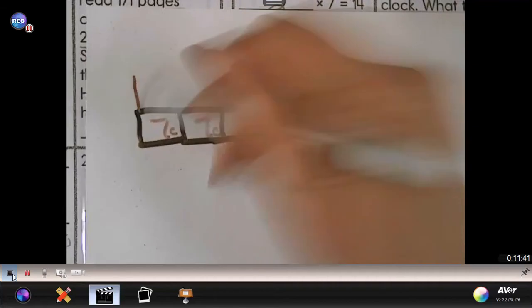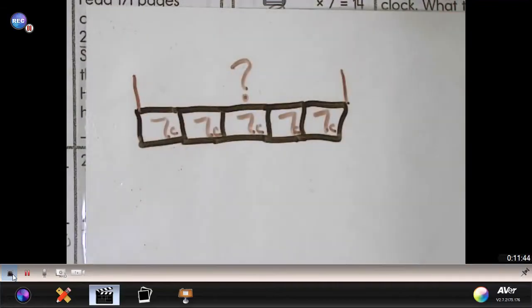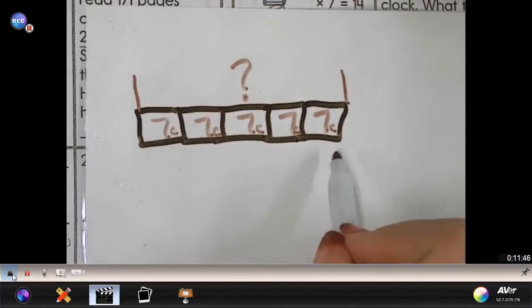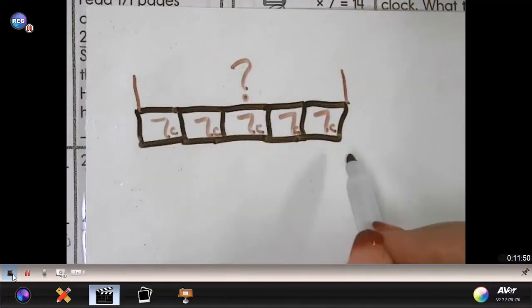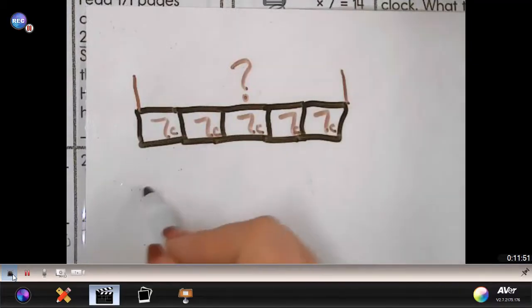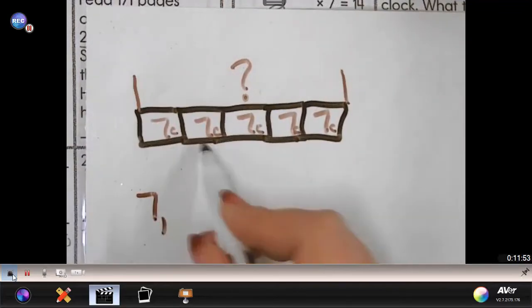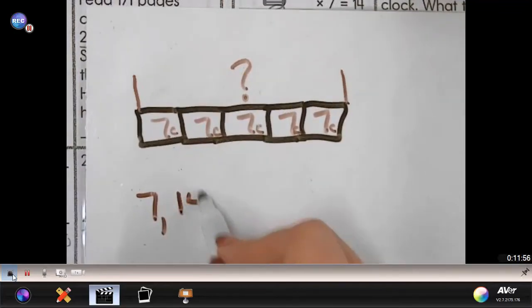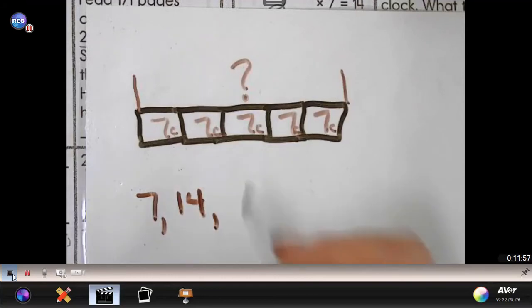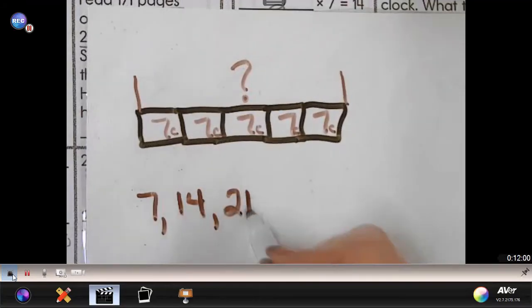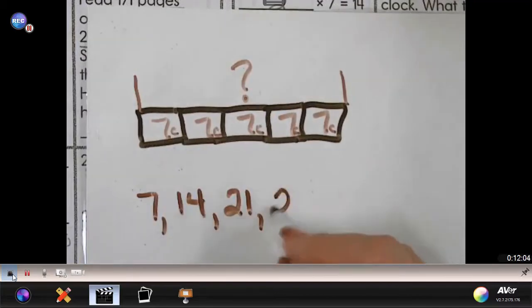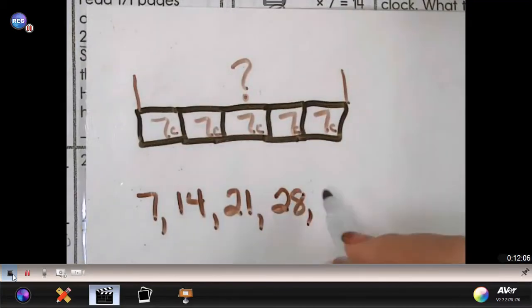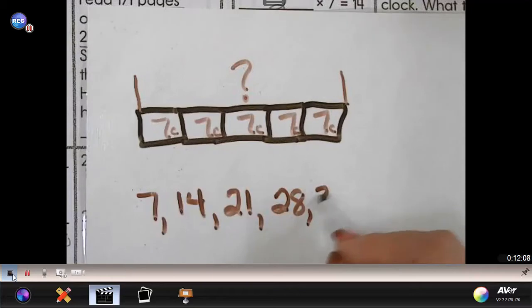So in order for me to find my total cookies, I would need to use either repeated addition, or if I know my multiples of 7, I could skip count by 7. So 7 and 7 more would be 14, and 7 more to that would be 21. 7 more to 21 would be 28, and finally 7 more would be 35.